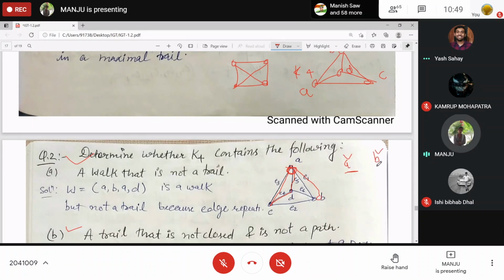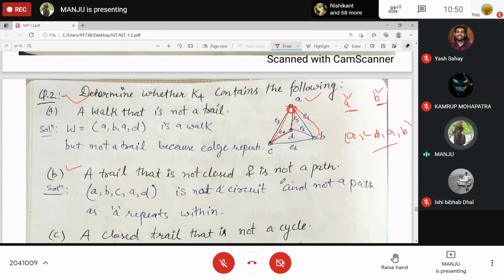It begins at A and ends at B. So it is not closed as well as not a path because of A. So how will you write this? A, C, D, A, B. Clear? There are many of this kind.